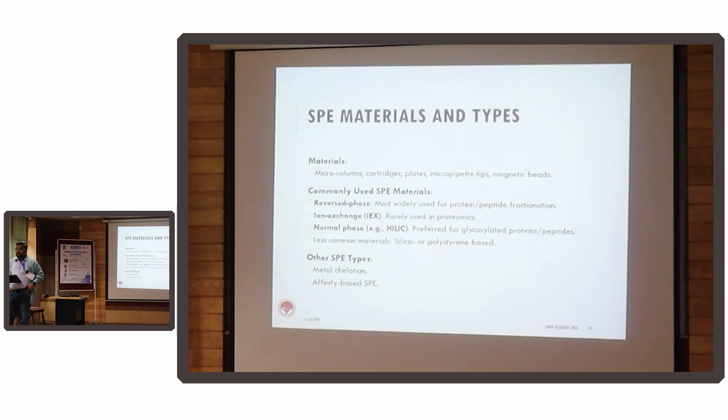The most widely used material is reverse phase, and it is used for protein and peptide fractionation. You have ion exchange columns, but they are rarely used. You also have HILIC columns, and this is preferred when you are working with glycosylated proteins and peptides. So again, if you are working on a post-translational modification, you cannot use a reverse phase column.